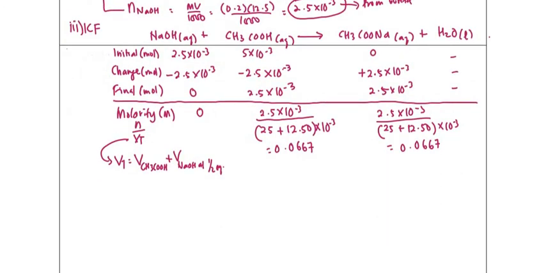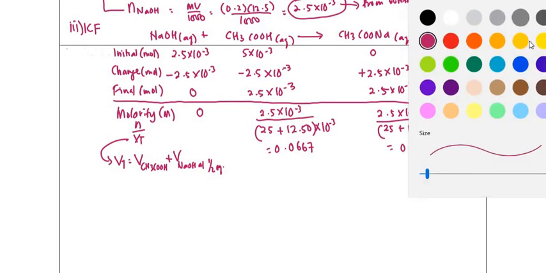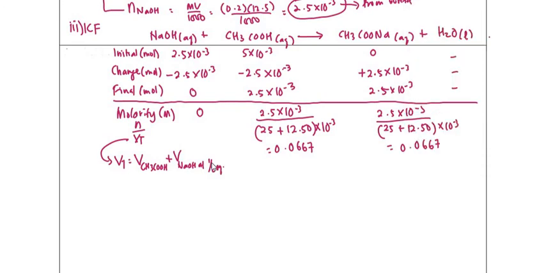After you cari molarity, bermaksud yang berbaki di dalam conical flask selepas reaction neutralization adalah molariti untuk acetic acid dan molariti untuk CH3COONa. Ini molariti salt, ini molariti weak acid.